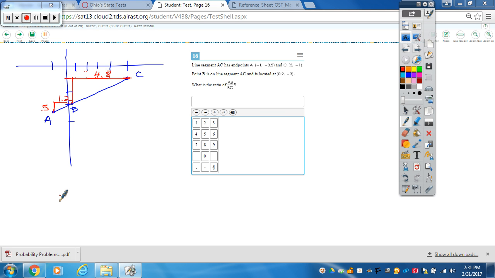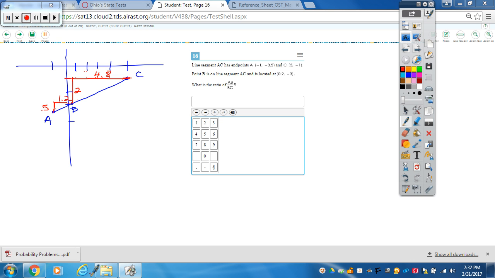This length, I'm down here at negative 3, so this is just up 2. Like I said, you can use the Pythagorean theorem and figure out those two lengths. But these two shapes are similar. The corresponding angles are congruent.